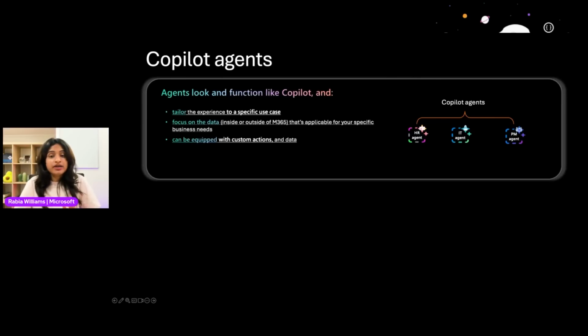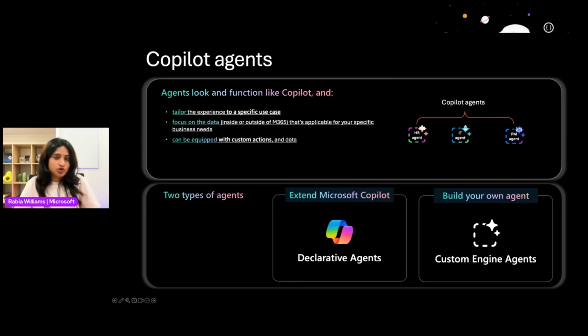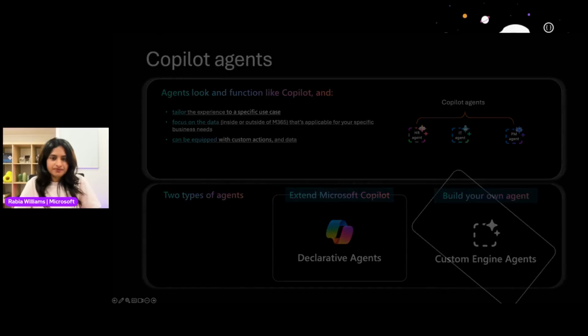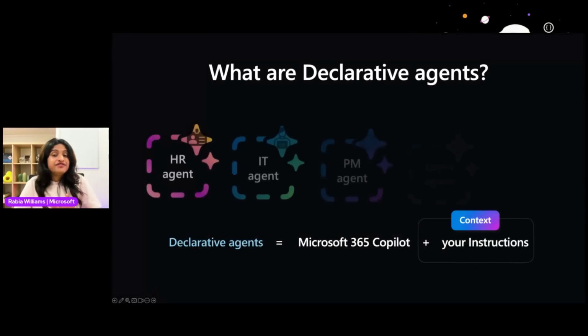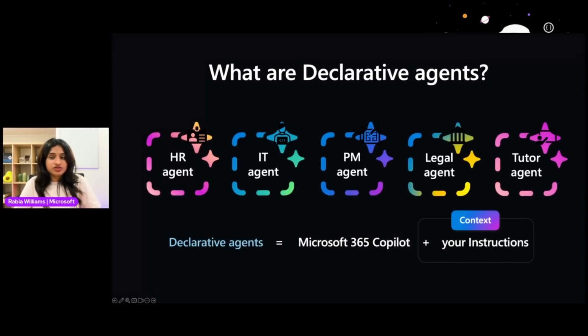Now, there are two main options for adding agents to Copilot: declarative agents and custom engine agents. We will cover custom engine agents a bit later, but in this session we will focus on declarative agents. Declarative agents effectively layer your custom instructions on top of the baseline of Microsoft 365 Copilot to behave as specialists.